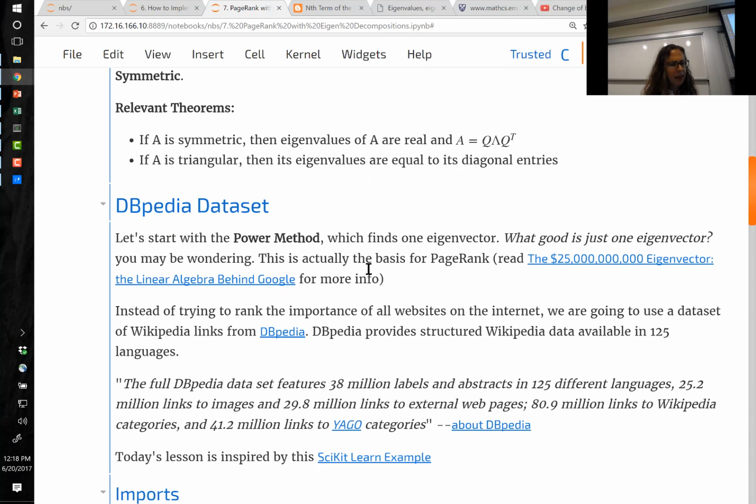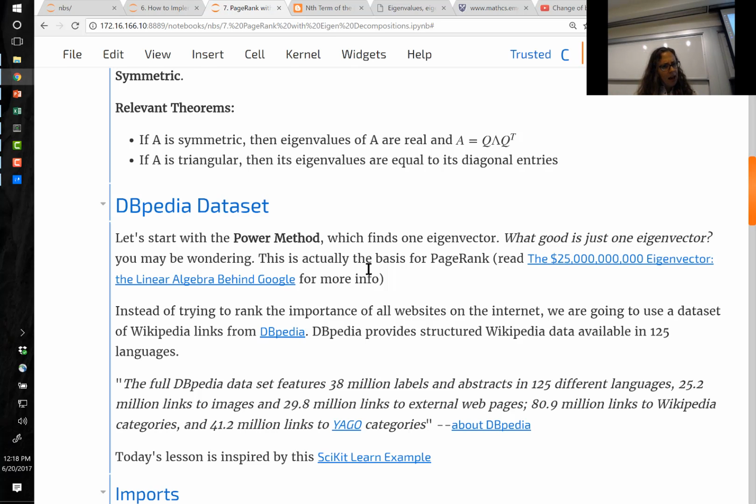And then two useful theorems: if A is symmetric, then the eigenvalues of A are real, and A equals Q lambda Q transpose. That's really handy, where Q is such that its inverse is its transpose.